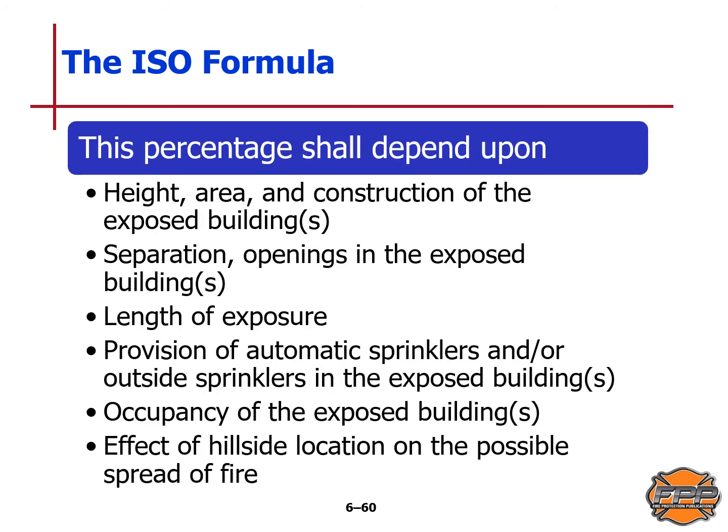This percentage will depend on height, area, and construction of the exposed buildings, the separation, as I just mentioned, and openings in the exposed buildings, the length of exposure, the provision of automatic sprinklers and/or outside sprinklers in the exposed buildings, which is not uncommon, occupancy of the exposed buildings, and then effects of hillside location on possible spread of fire.